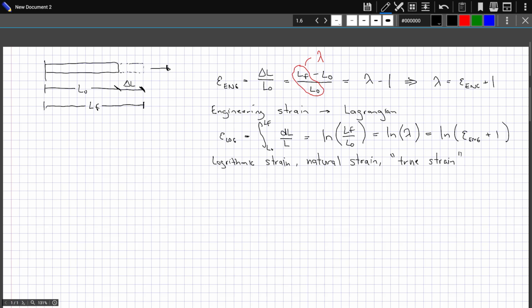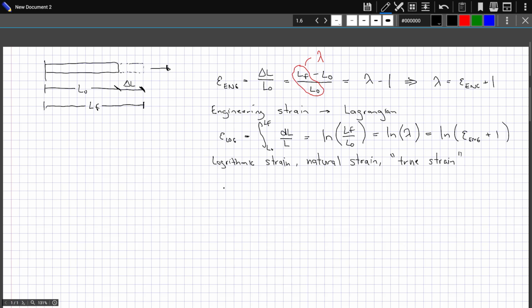It's much easier to go to the engineering strain. All you need to know is the final length and the original length, and you can compute it. So if you see the logarithmic strain published in an experimental paper, it's unlikely that they actually measured it. It's more likely that they measured the engineering strain and then just converted it to the logarithmic strain. Okay.